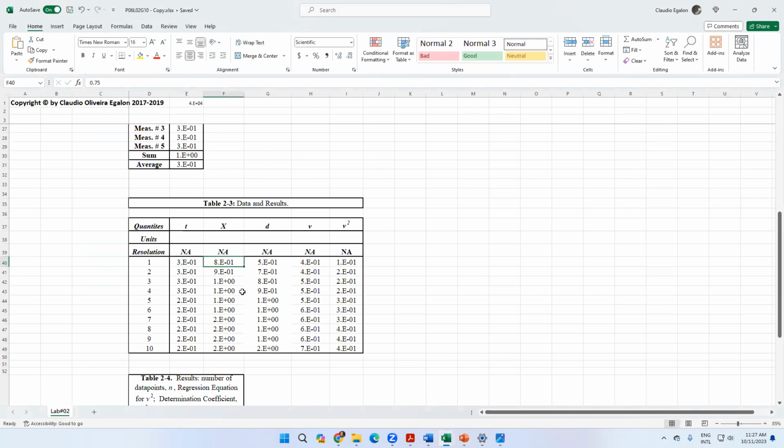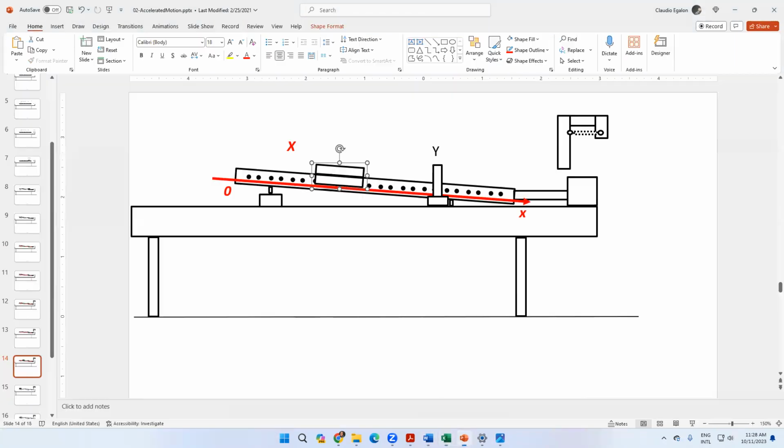Here is the initial position of the cart. In this case, it's 75 centimeters only. The distance D is X minus Y. Let me show you exactly. Don't forget the cart is released from here.